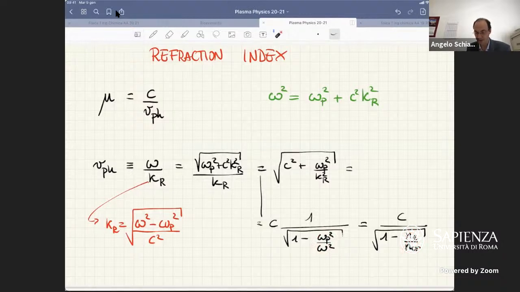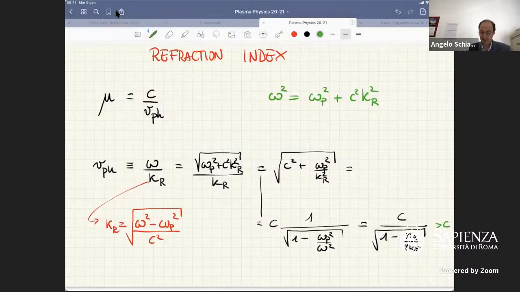So this term is less than 1, which means the square root is a number smaller than 1. So the phase velocity is actually larger than c.